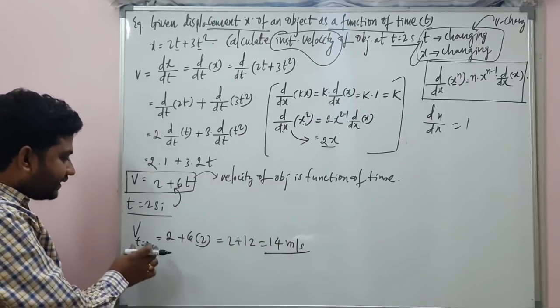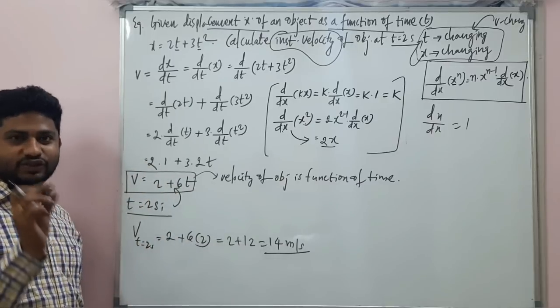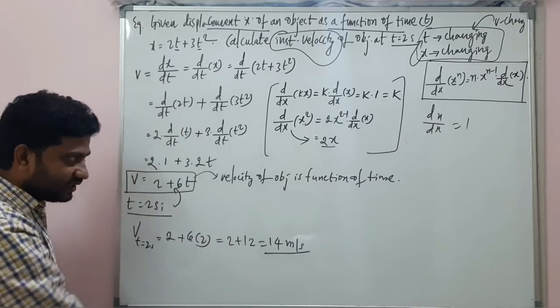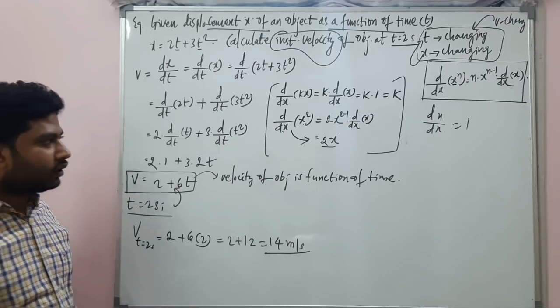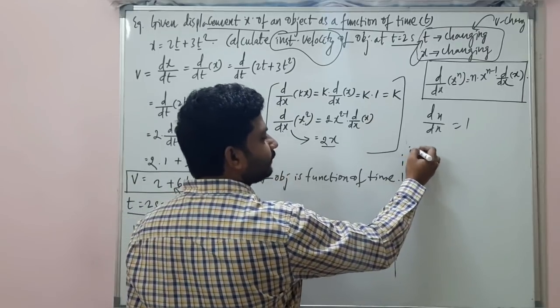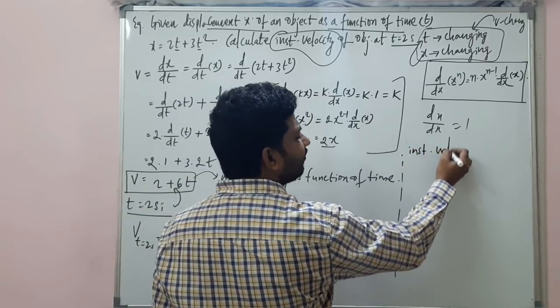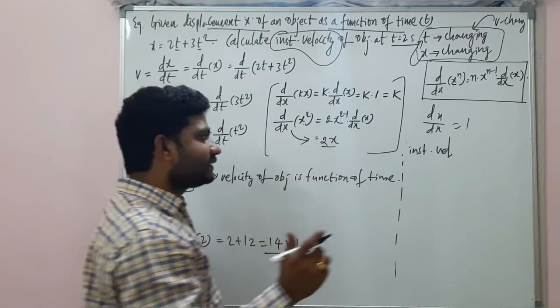So at this particular time, the body is moving with 14 meters per second. That's called instantaneous velocity, alright, my dear students.